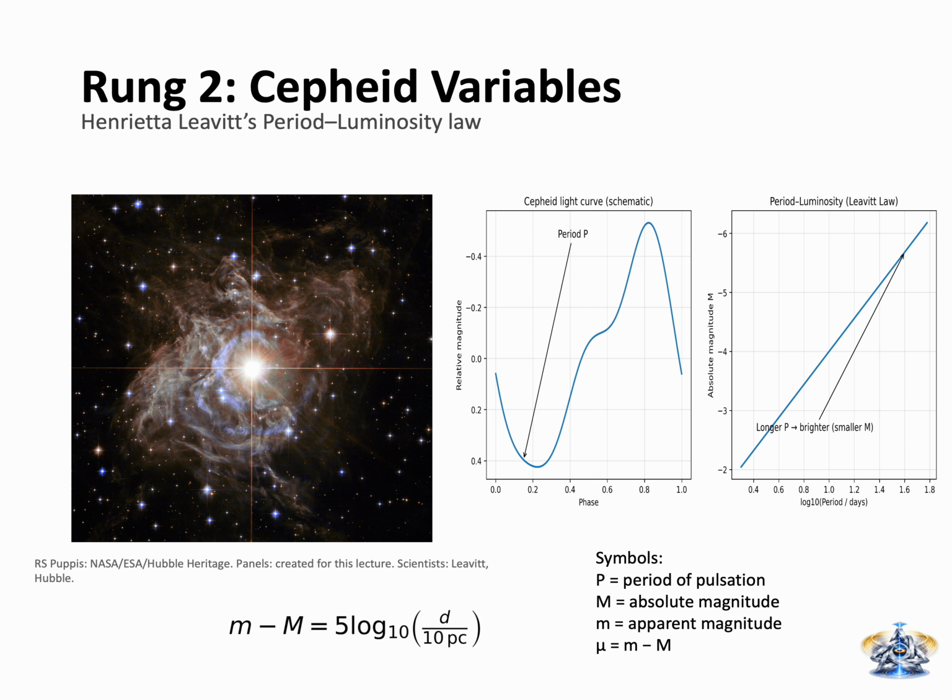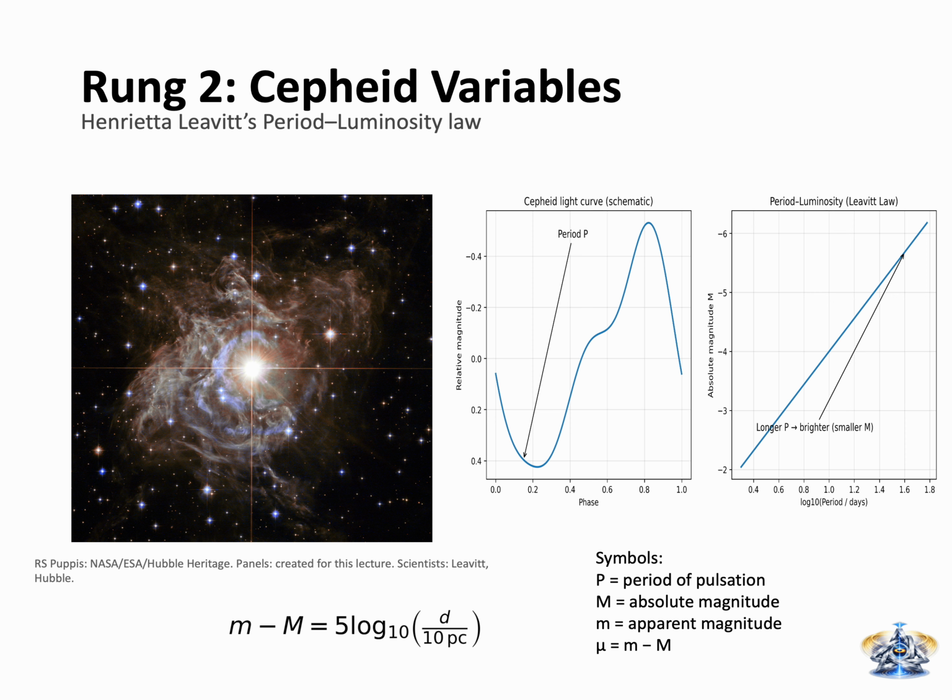So here's the workflow, and it's beautifully mechanical. Observe the light curve and measure the period. Use the period-luminosity relation to infer the star's absolute magnitude, its true brightness. Measure the star's apparent magnitude, and then use m minus M, which is the difference between your apparent and absolute magnitude, to compute distance.